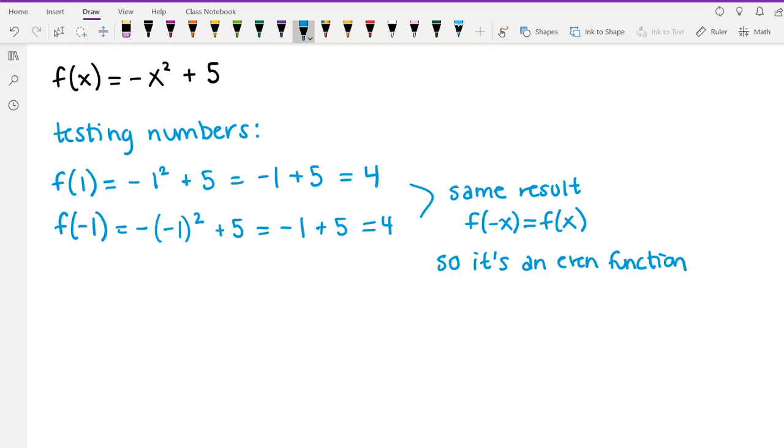If you wanted, you could try some more numbers to get more of a sense of why it is. But why is it that we got the same result either way? It's basically because when you square a number, it doesn't matter whether that number is positive or negative. So regardless of whether we plug in 1 and -1, 2 and -2, 3 and -3, any two numbers we plug in, because we're squaring them, we're going to get the same result.